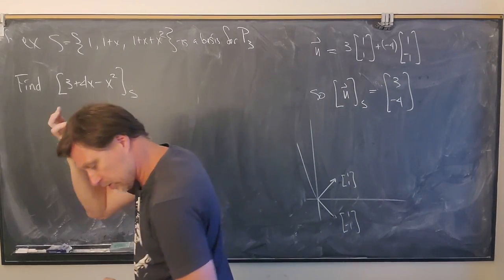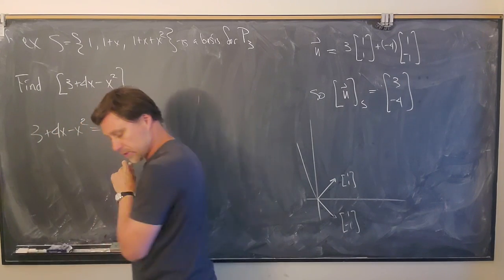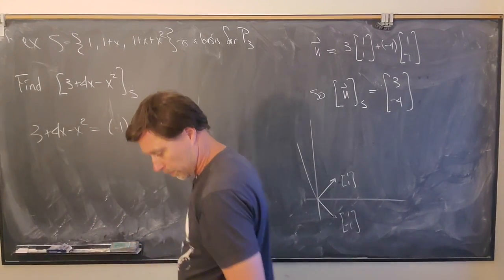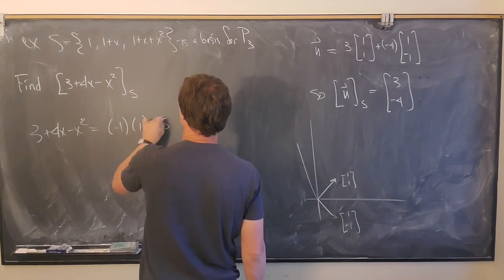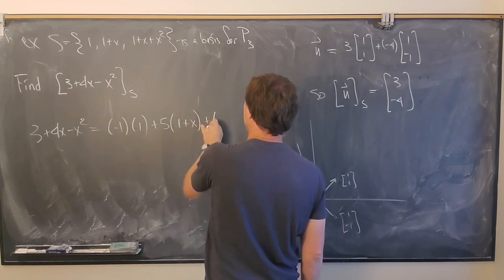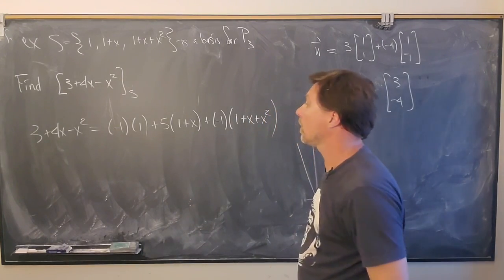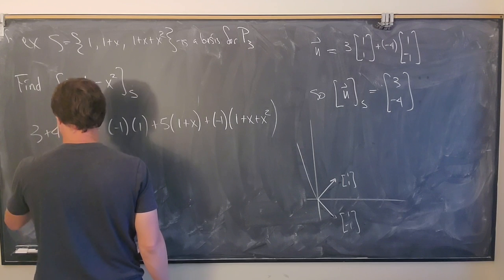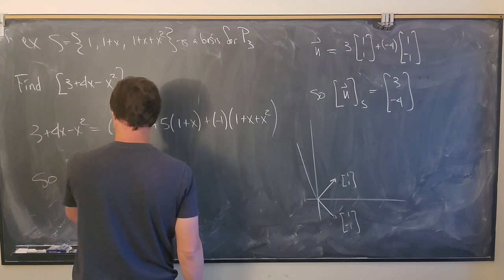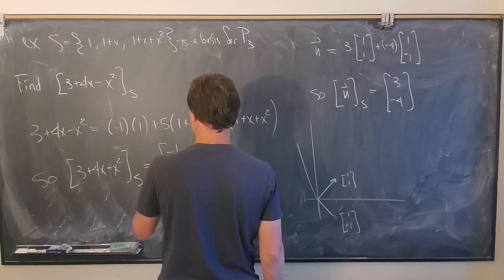And so I worked this out, so it turns out that 3 plus 4x minus x squared is equal to negative 1 times 1, plus 5 times 1 plus x, plus negative 1 times 1 plus x squared. So what does that mean? 3 plus 4x minus x squared, sub S, is equal to (-1, 5, -1).